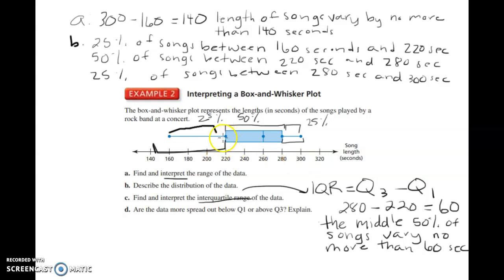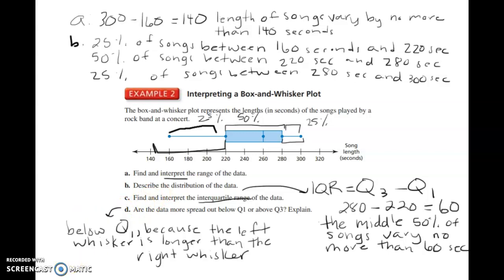So you can tell just by the length of this whisker that the data is more spread out below Q1. My reasoning is that it's more spread out below Q1 because the left whisker is longer than the right whisker. So because the left one is longer than the right one, this is more spread out.